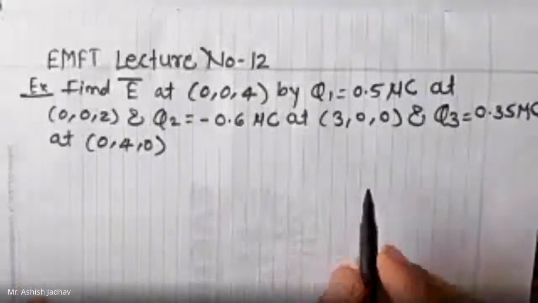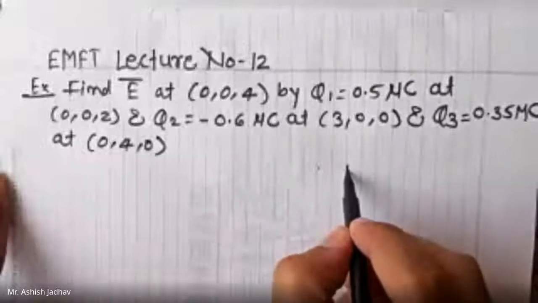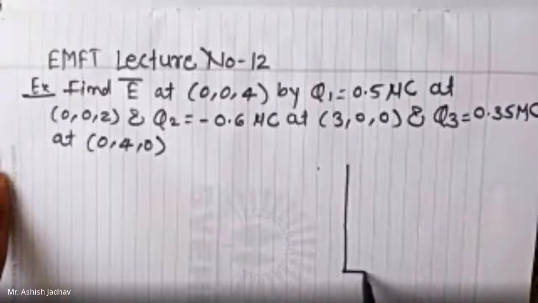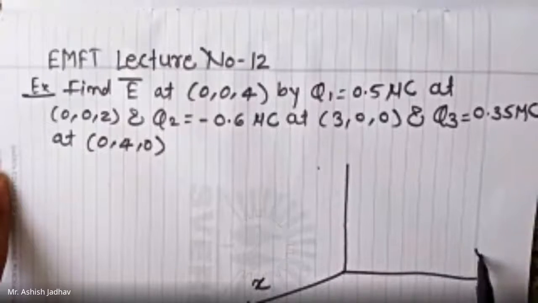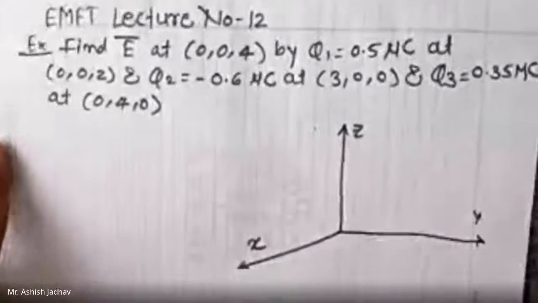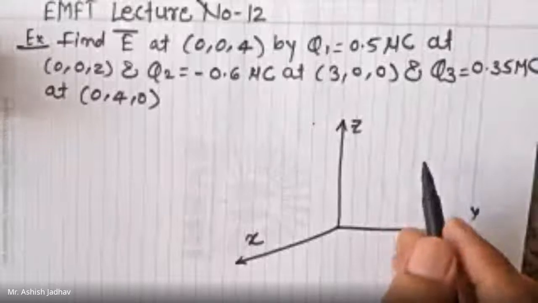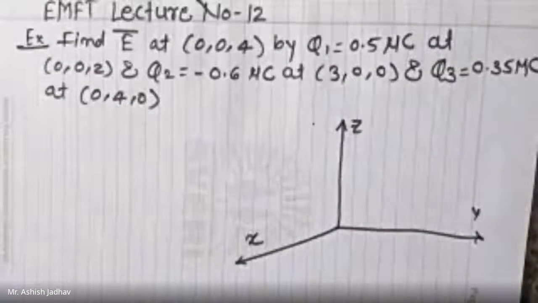at the fourth place. So to understand this, let us take those charge configurations on the XYZ axes. So this one is X, this is Y, and this is Z, right? Starting with Q1, where is Q1, or before that, where do we need the electric field intensity?